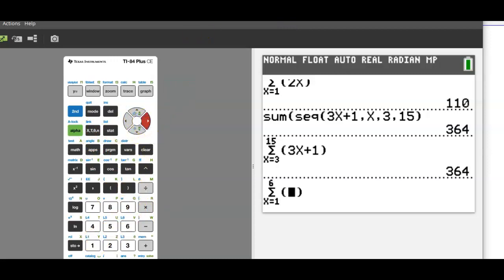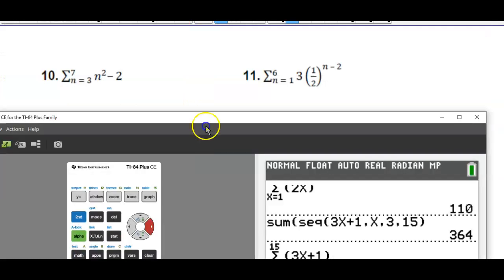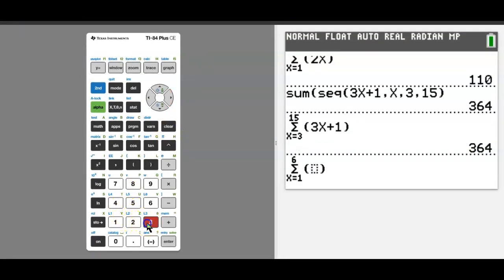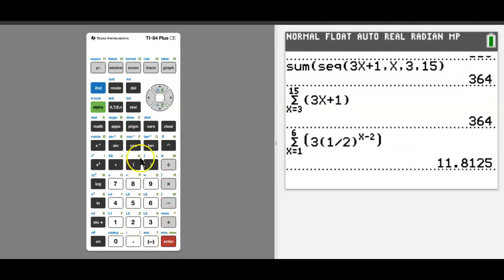But then in here, I want to put the whole thing. So 3 times 1/2 to the n minus 2. 3 parenthesis 1/2 parenthesis to the, and if you had a really old calculator, you would need n minus 2 in parentheses. But this is all up in the exponent, okay?